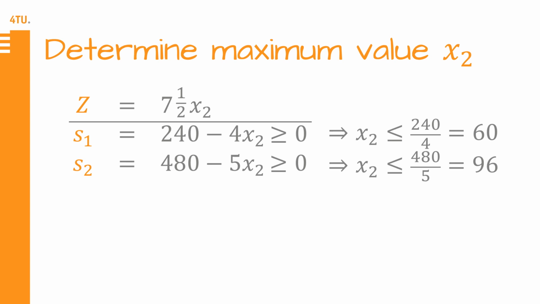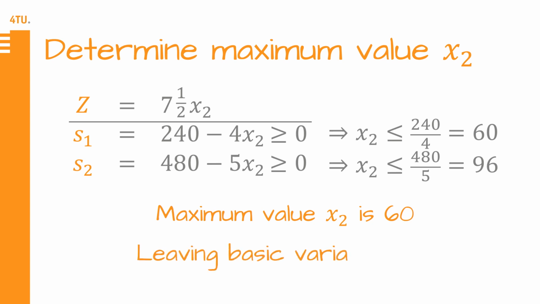So for both s1 and s2 to stay non-negative, x2 can be at most 60. When x2 equals 60, s1 is 0, which means that s1 is the leaving basic variable.